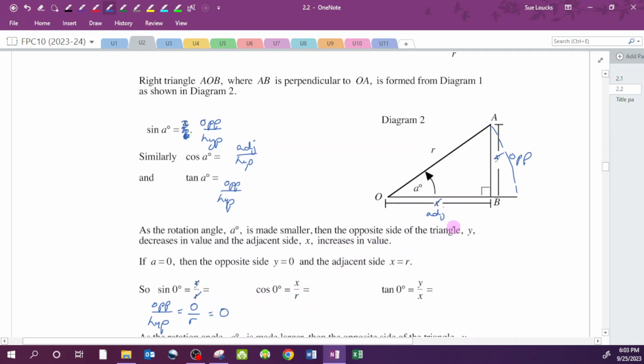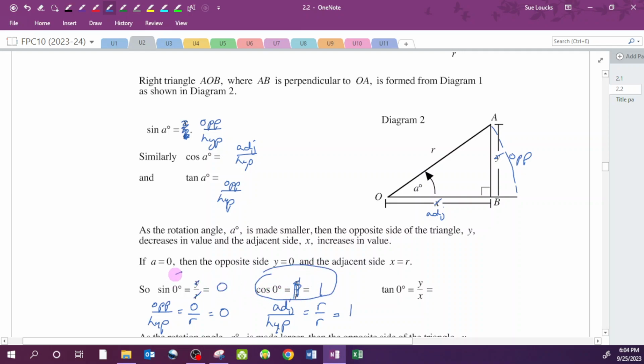The cosine is the adjacent over the hypotenuse. As this angle gets closer and closer to 0, the adjacent gets closer and closer to r until they're actually equal. So it's going to be r over r, which is 1. So cosine of 0 equals 1.